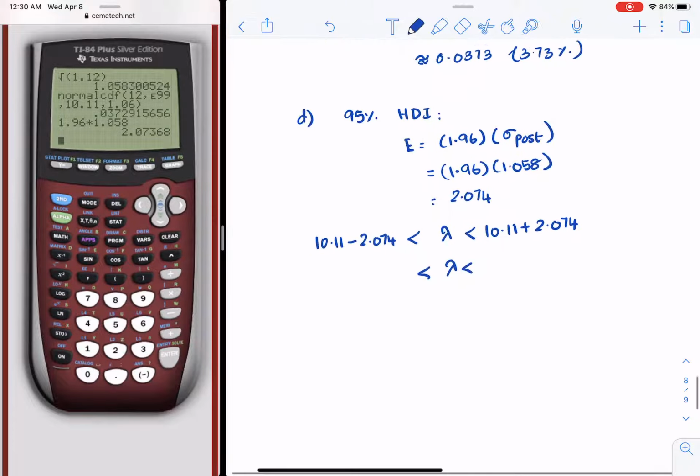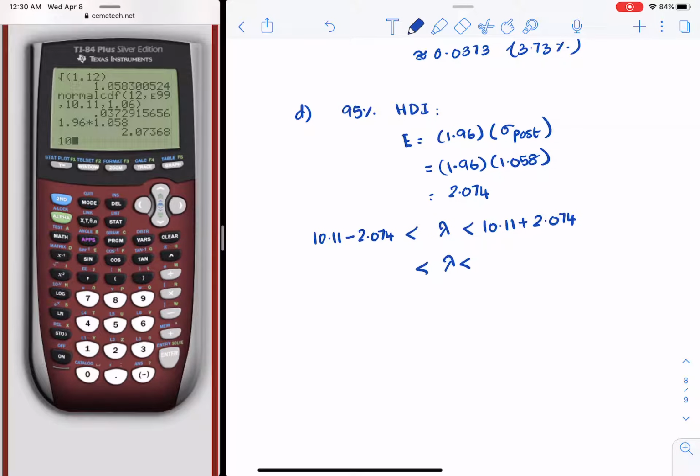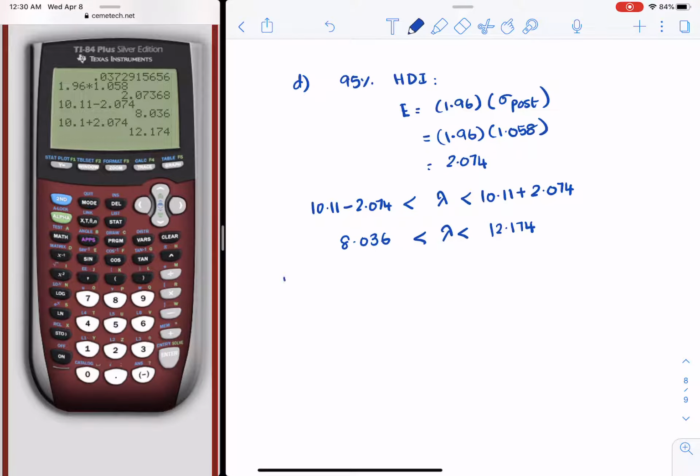So lambda would be between 8.036 and 12.174.